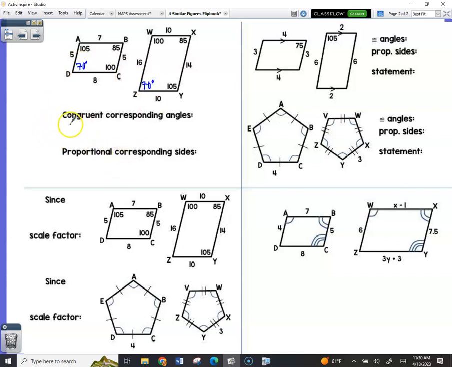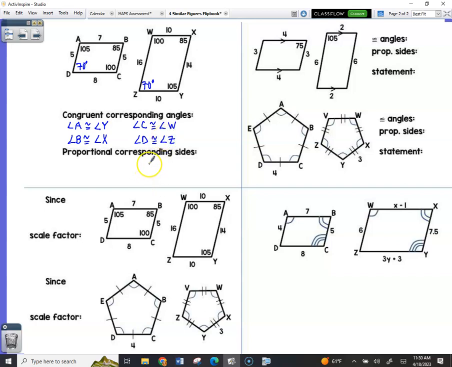So angle A has to be congruent to what angle, y'all? Angle Y. Yes. Angle B is congruent to angle. Angle C is congruent to angle. And angle D is congruent to angle C.